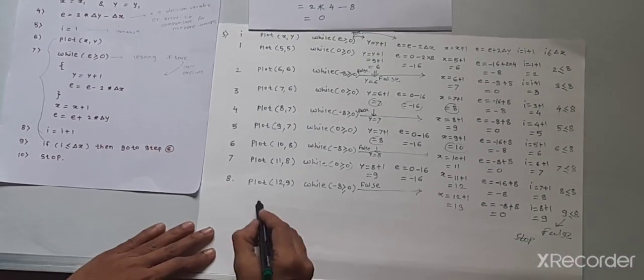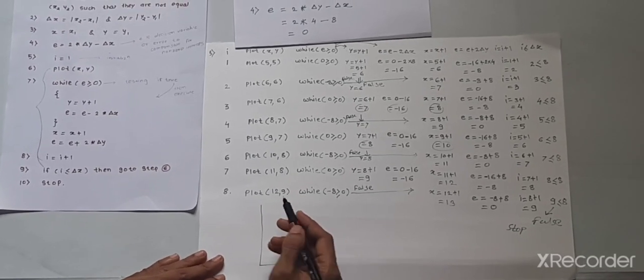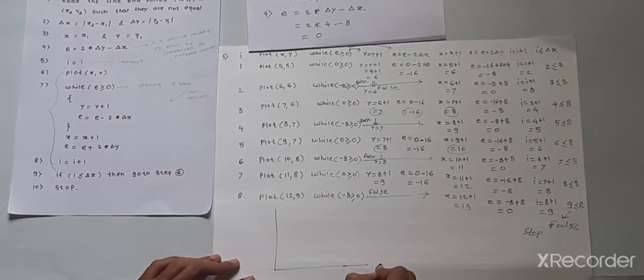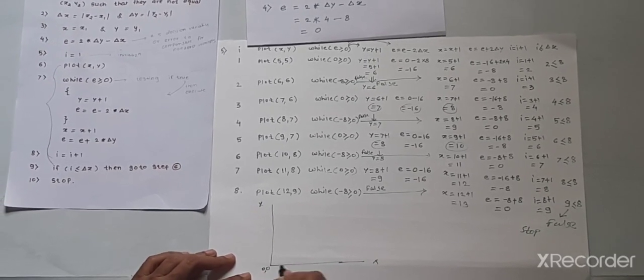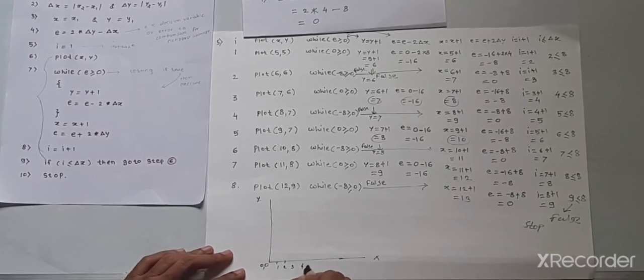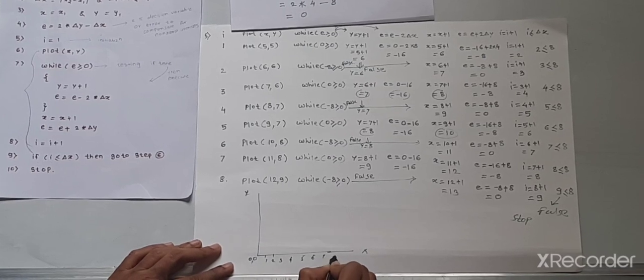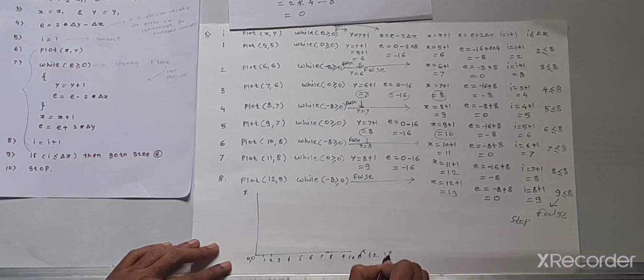Now, along with the given values, we want to draw the chart. So what is the chart? All these are the X values and these are the Y values. We are starting with 0, 0, then 1, 2, 3, 4, 5, 6, 7, 8, 9, 10, 11, 12 and here 13.